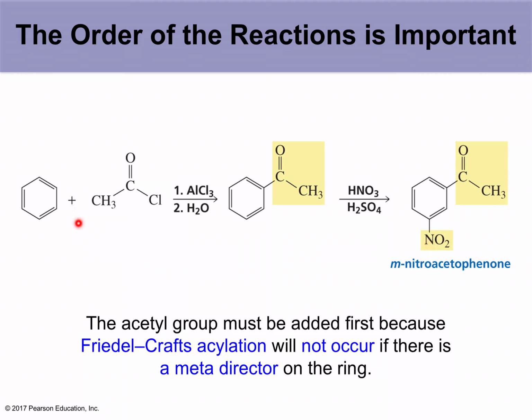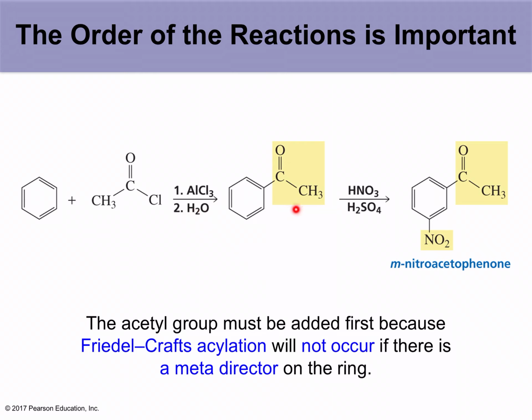So we're going to put the acyl group first, the Friedel-Crafts acylation. So benzene ring with acetyl chloride. In the presence of aluminum chloride catalyst and water, we can add the acyl group.